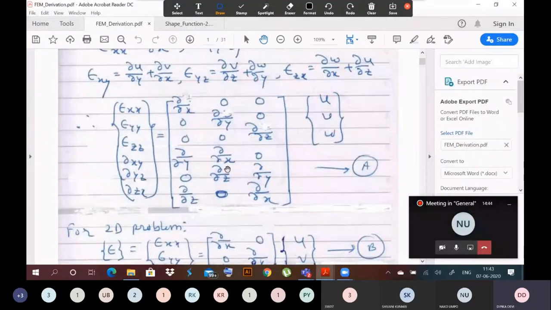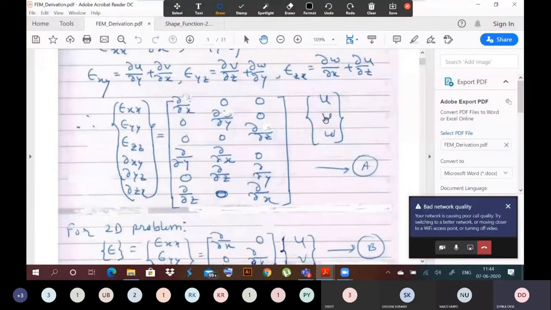Now here this u, v, w are the displacement at any point. So it will be within some element. So within an element we may have any arbitrary point. So at that particular point, u, v, w are the displacement, and these are the strain at that point, which can be related by this matrix.